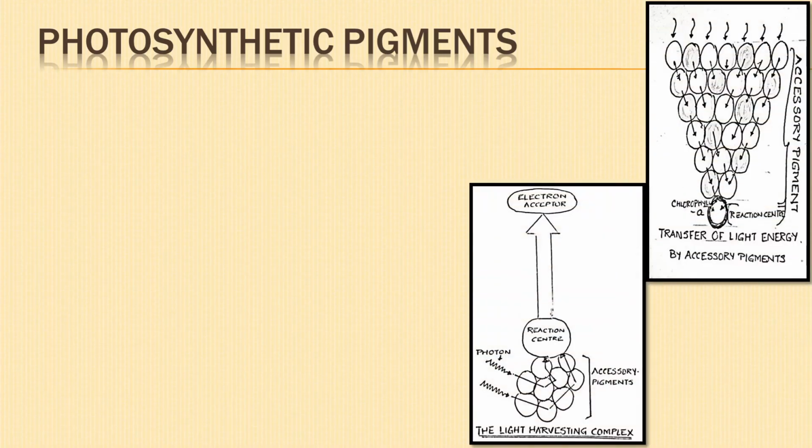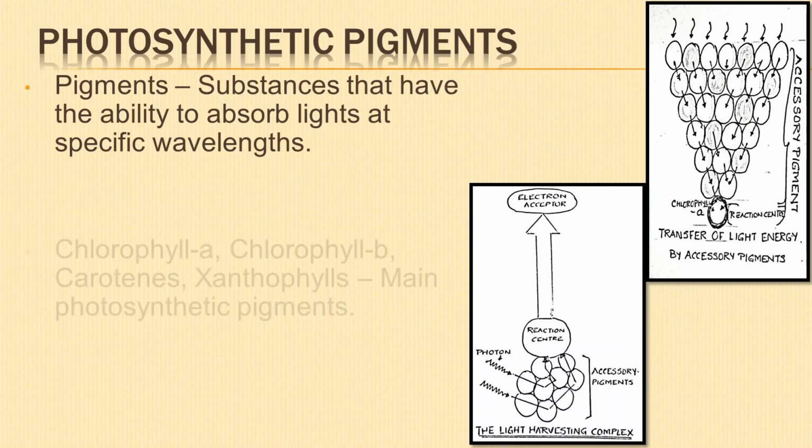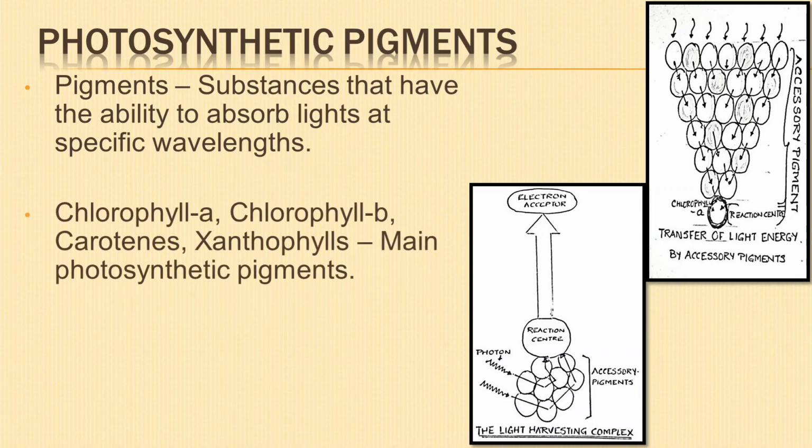Let us understand about the different photosynthetic pigments. Pigments are substances that have the ability to absorb light at specific wavelengths. In higher plants, chlorophyll A, chlorophyll B, carotenes and xanthophylls are the main photosynthetic pigments.